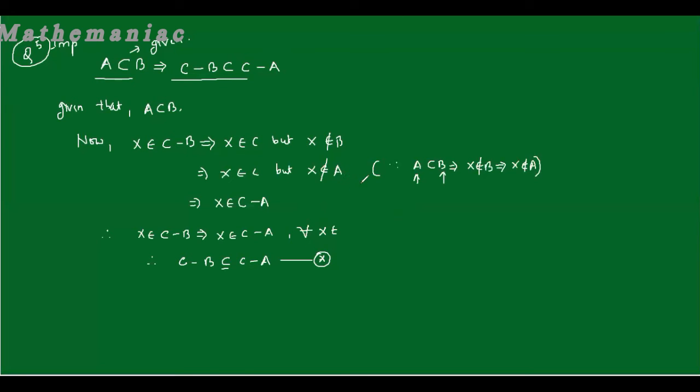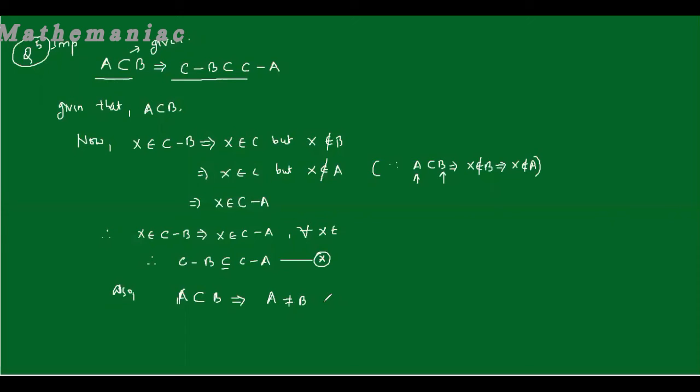Okay. So now the next part we can do here. Also, A proper subset of B implies, just think, what will it imply? A is not equal to B, right?